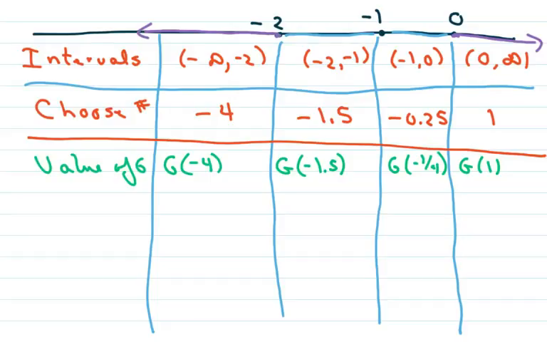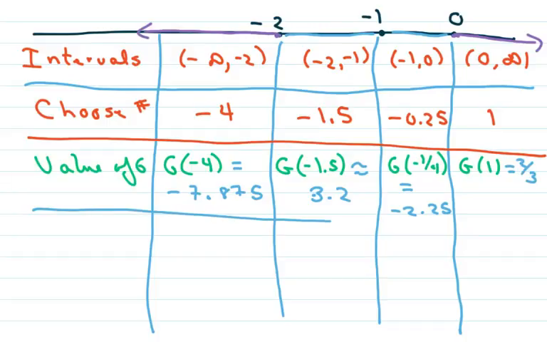And so what I get is g of negative 4 equals negative 7.875. g of negative 1.5 is approximately 3.2. g of negative 1/4 is negative 2 1/4, and g of 1 is 2/3.